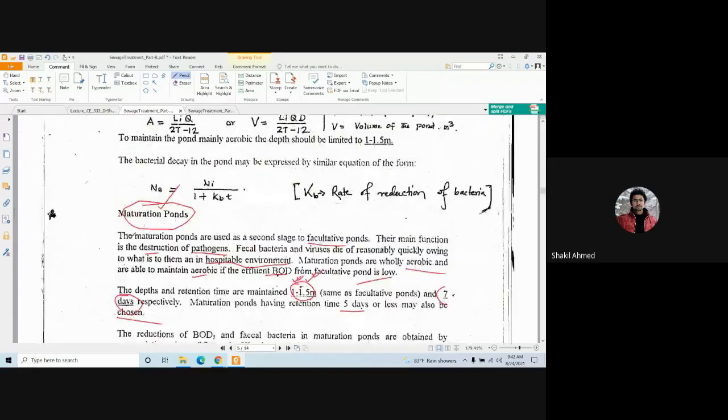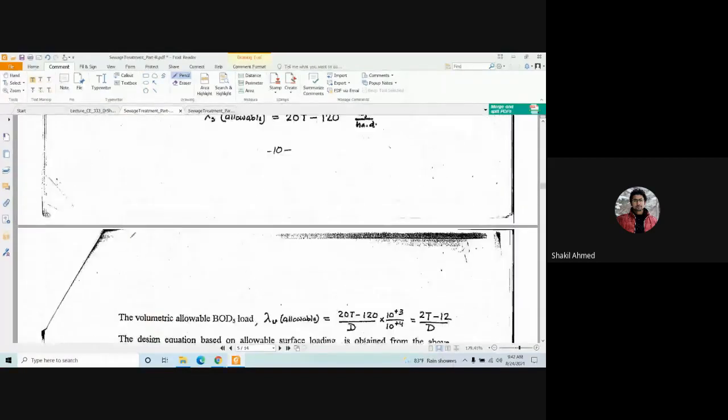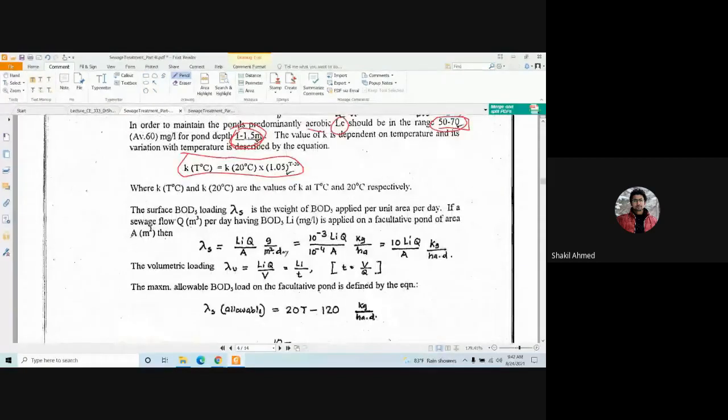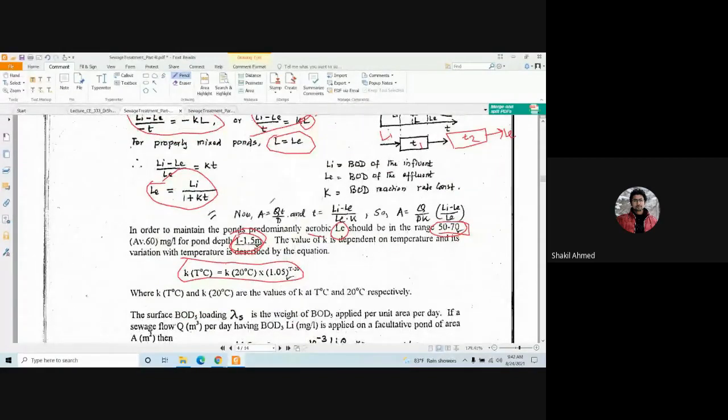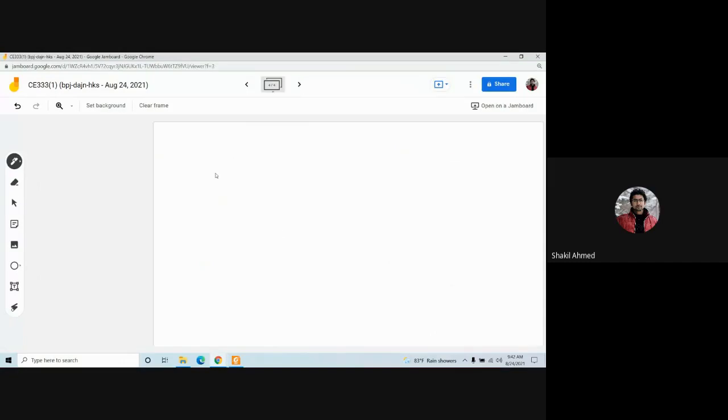Now I want to show you some formula. A equals Qt over D. This came from this. As I told you, volume equals Q times T, and Q equals what?